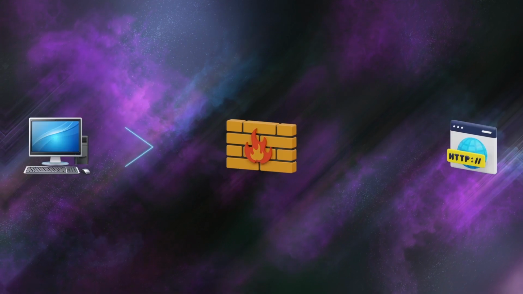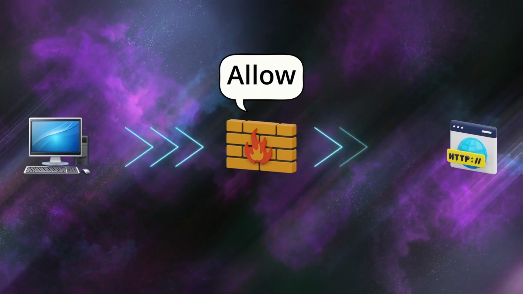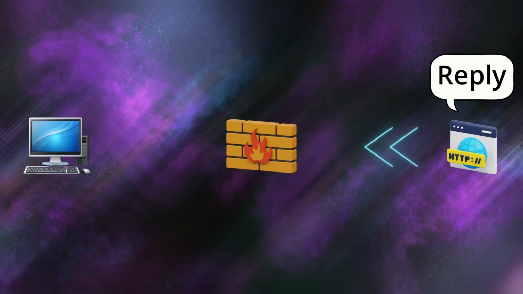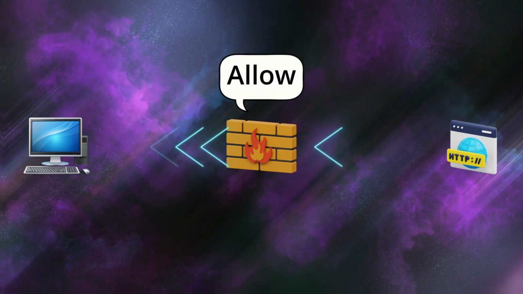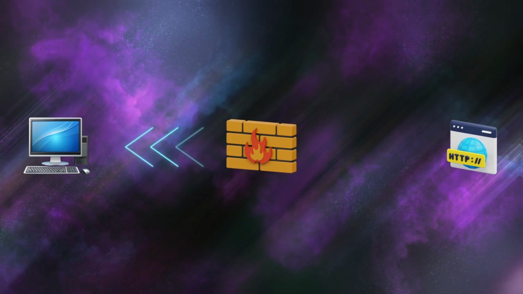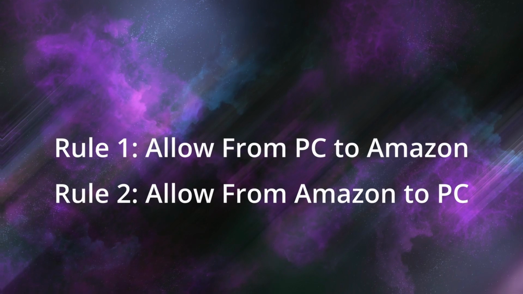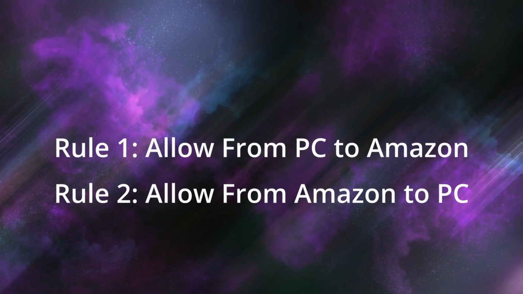Now, something that can be difficult to understand is that your firewall, once it allows the connection to establish, will allow all traffic related to that session to continue. So for example, you don't need to permit every packet from your computer to Amazon, then also allow all traffic back from Amazon.